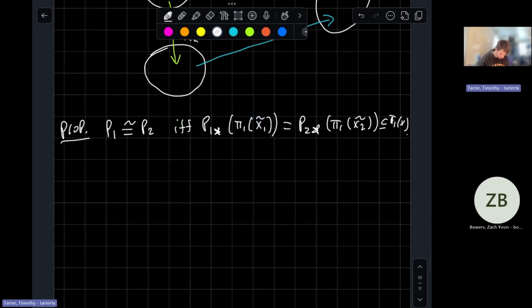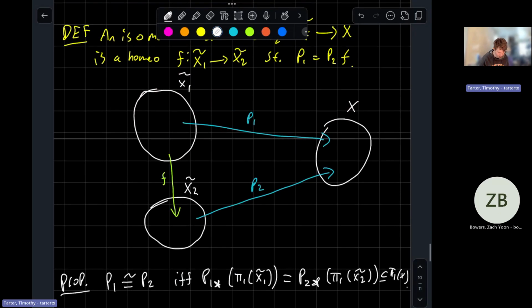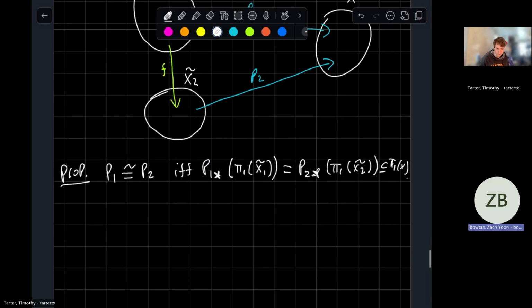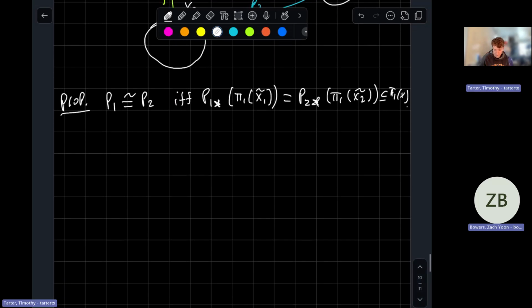Do we need to prove that to get a better grip on isomorphism? Yeah, the proof seems pretty simple. So we can do it.